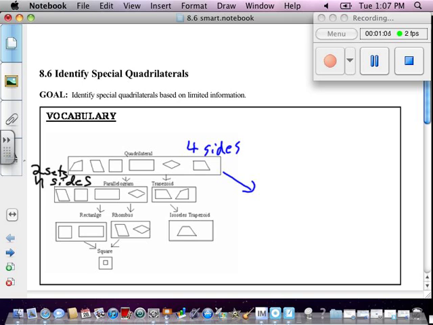What is the third one that's not up here that we need? All right. Now, a parallelogram has 2 bases. It has a rectangle and a rhombus.